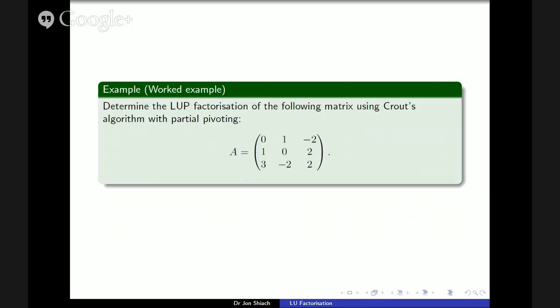So we divide A21 and A31 by 3. Everything else is left unchanged. You only do the ones beneath. It's not a row operation. It's only in that column.